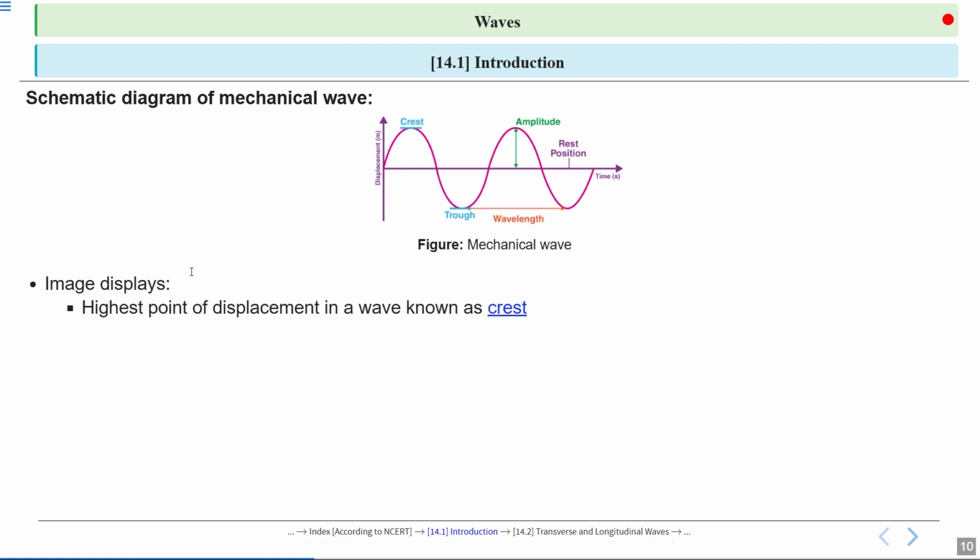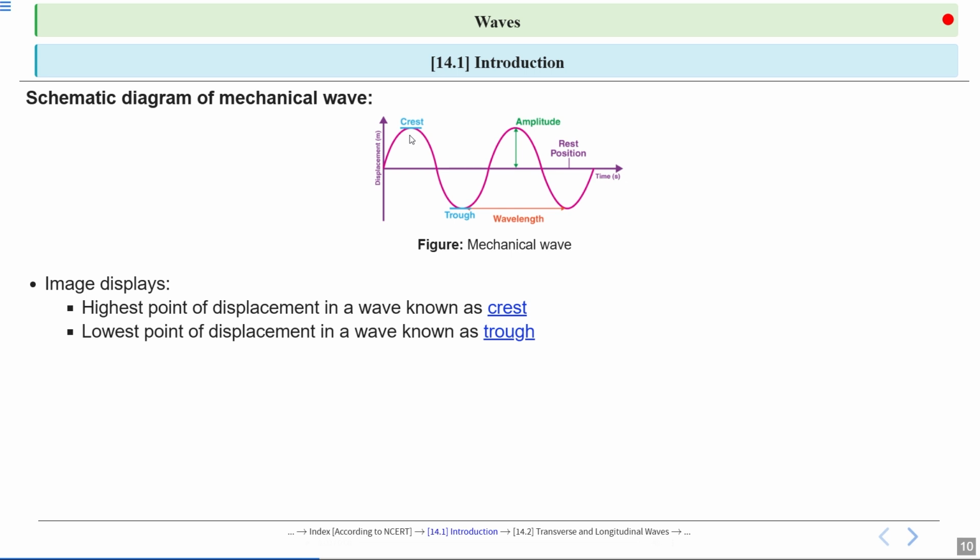First, the highest point on the wave, this is called the crest. The crest is where the displacement of the medium is at its maximum above the equilibrium position. For example, in a water wave, the crest is the top of the wave, you see.